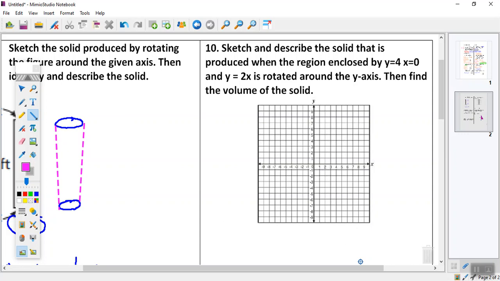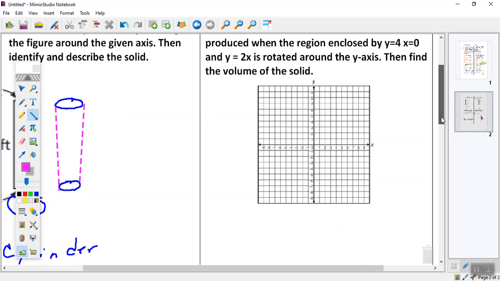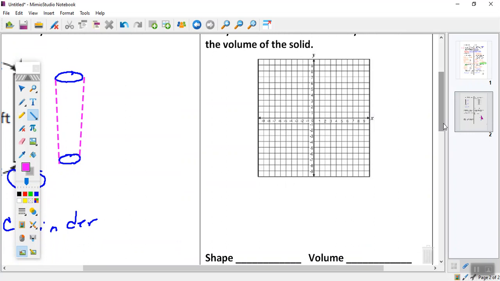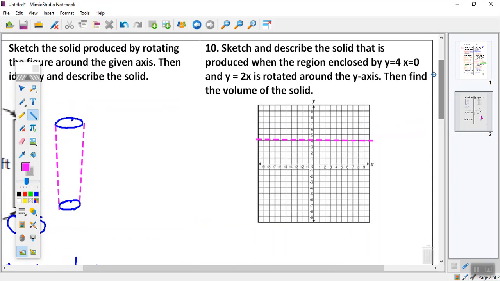Let's first figure this out. What lines are we going to use to enclose a region? What's the first one up here, kids? Okay, y equals 4. So on the y-axis, I'm going to jump up to 4, and we're going to draw a horizontal line through that. What was the next line up there? Okay, x equals 0 is which axis?